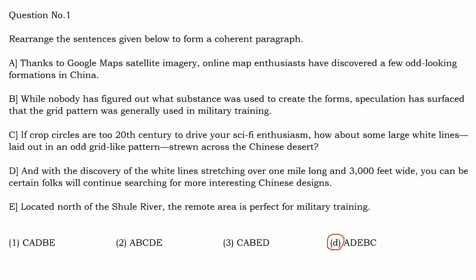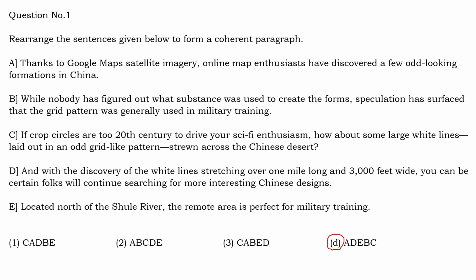Such people have found some odd-looking, grid-like formations in China, and they are making certain speculations about how this could have been formed. It says that it might be some military installations erected for training purposes, and these might be showing up in Google Maps as grid-like patterns. All these kinds of things are talked about. So this is the context.